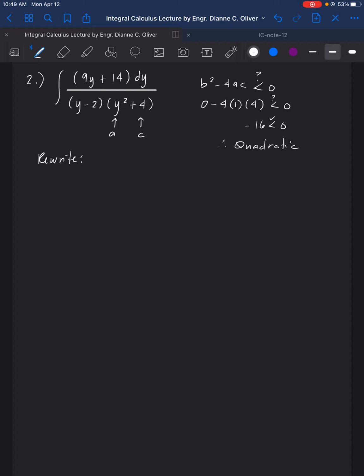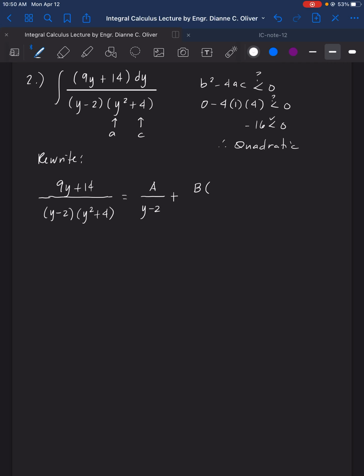So we write here, we have (9y + 14) all over (y - 2)(y² + 4) is equal to, for the linear factor, A over (y - 2), plus the quadratic one, B times 2ay.